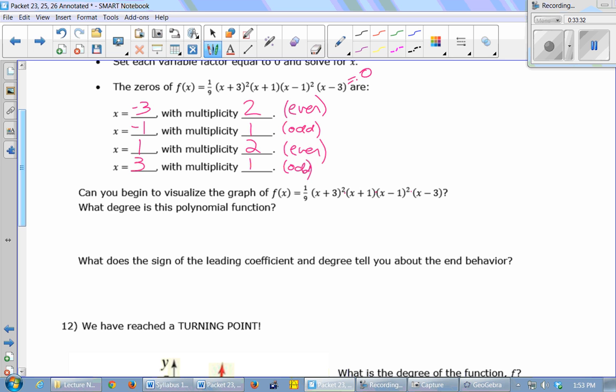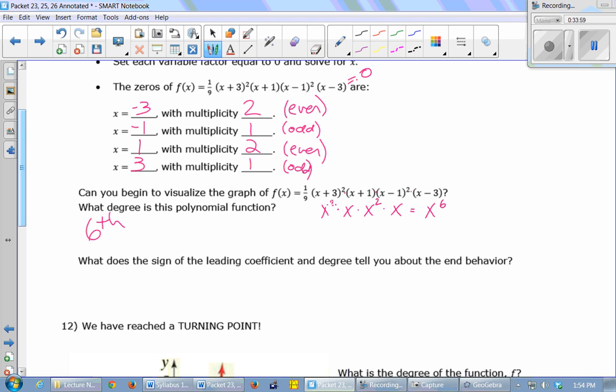Everyone remembers that rule, right? So this is x squared times x times x times x, times x squared times x, which would come out to an x to the 6th. That would be the highest power of x. There are lots of other terms in there too, but I only care about the highest power of x right now. So I would say this is a 6th degree polynomial.